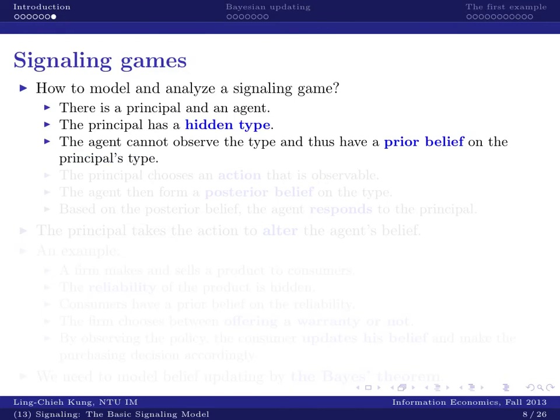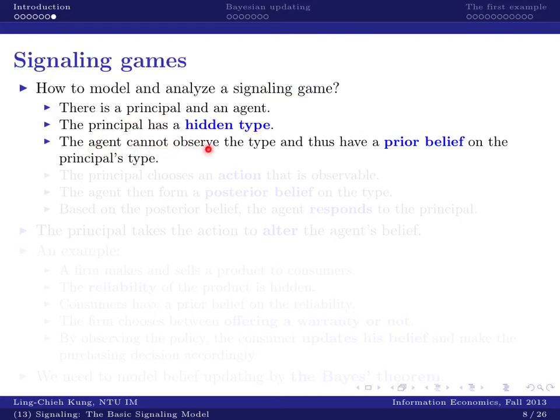So we know the issue now. Now the next issue for us is that we want to find a rigorous way to model and analyze a signaling game, right? So we need to know what are those elements in a signaling game. So for example, we know there is an agent and a principal, certainly. The principal has a type, sure.